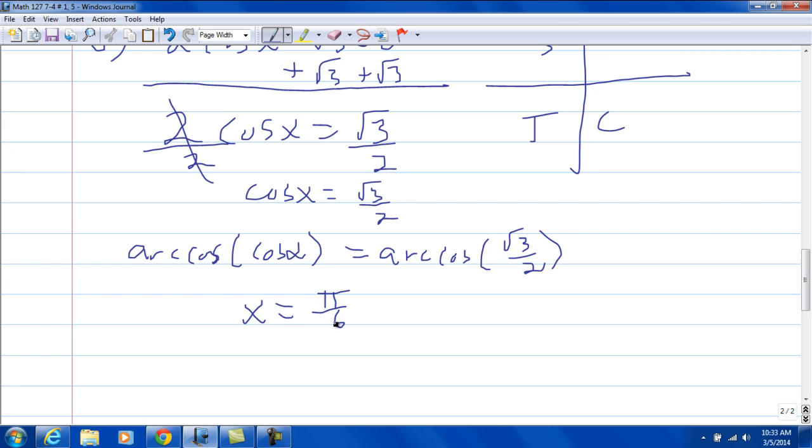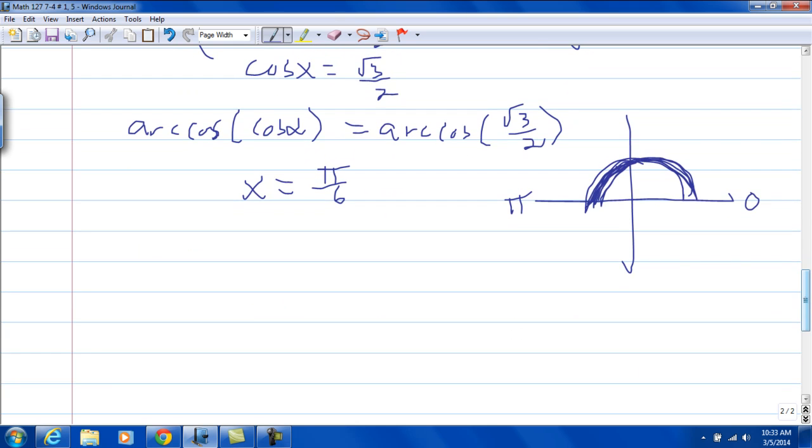And you have to recall that arc cosine returns values in the first and second quadrants. The first quadrant gives you the positive ones, the second quadrant gives you the negative, so it's going to be from 0 to pi. And the one it's giving us is right here at pi over 6.